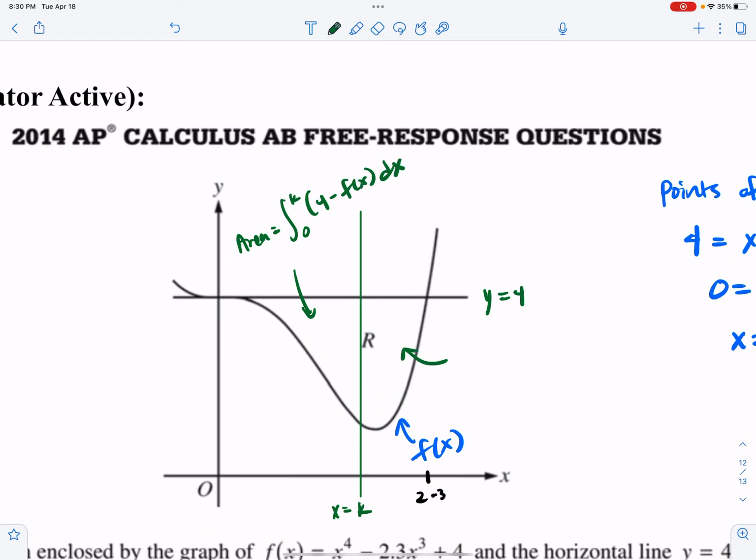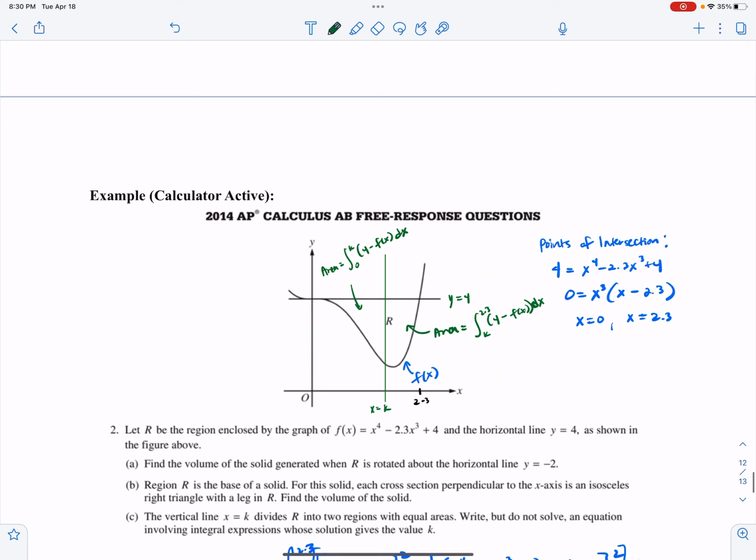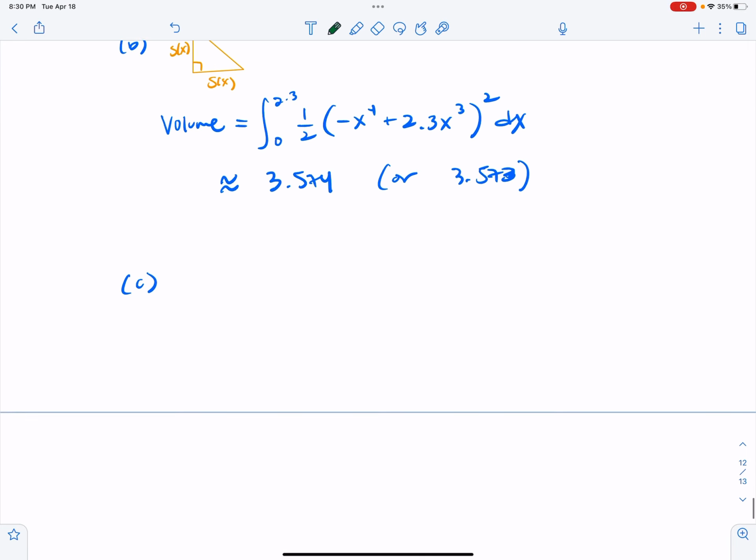And then this area would be from k to 2.3, also 4 minus f of x. And those areas should be equal to each other. So we can actually just set that up and state that those two integrals should be equal to each other.